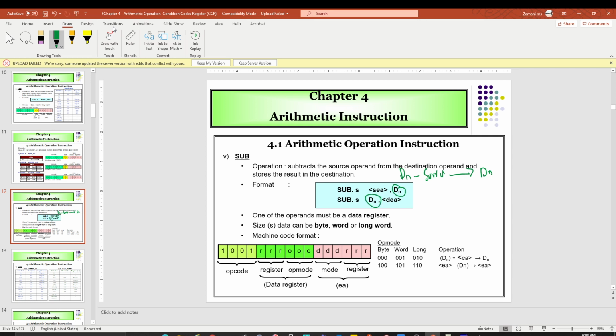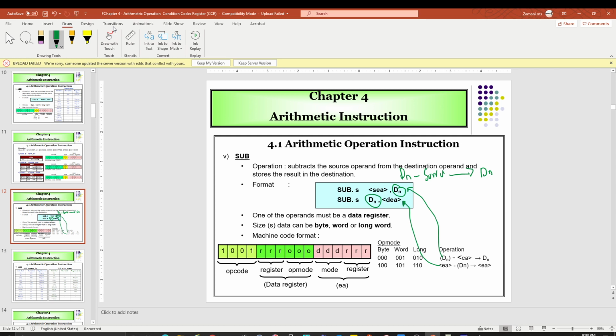Same as just now for the add, you can see that this is the operation. The final destination, minus the effective address of the source, is going to be saved back to the data register. So this is related to this one, and this one is related to this one.